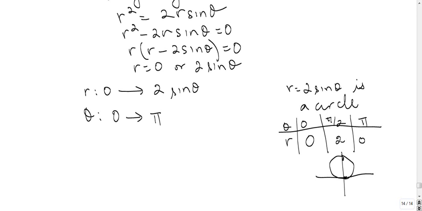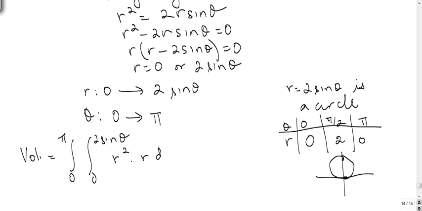Good. Let's set up the integral now. So volume is equal to the integral from 0 to pi, from 0 to 2 sine theta. What are we integrating again? x squared plus y squared, which is r squared, times r, dr d theta.